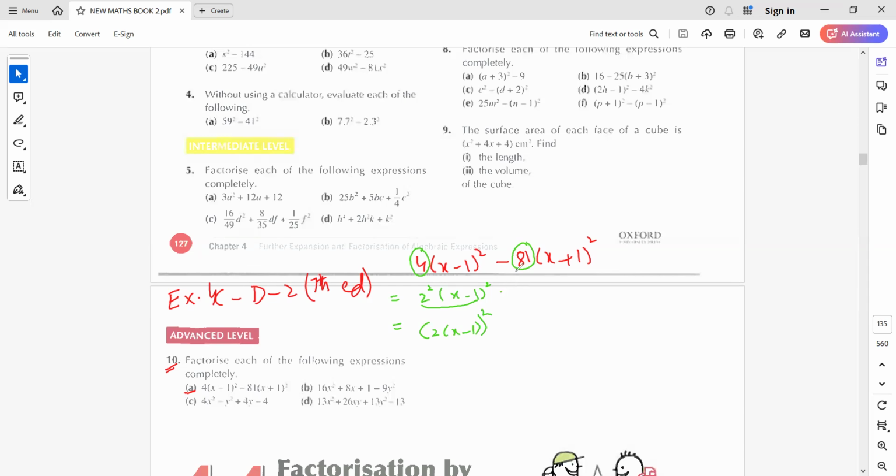Same goes with the second term. 81 is a square of 9. So let me write it down: 9 squared, and then x plus 1 whole squared would remain intact. Now I can combine 9 squared and x plus 1 whole squared to be 9 times x plus 1 whole squared. And in between there is a negative sign.